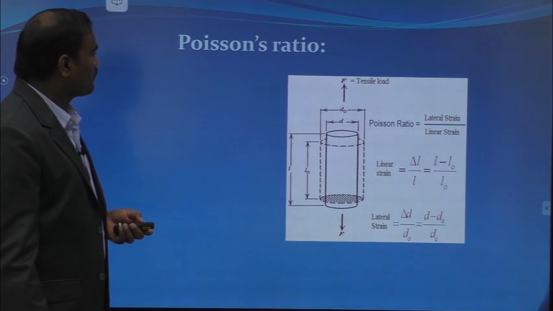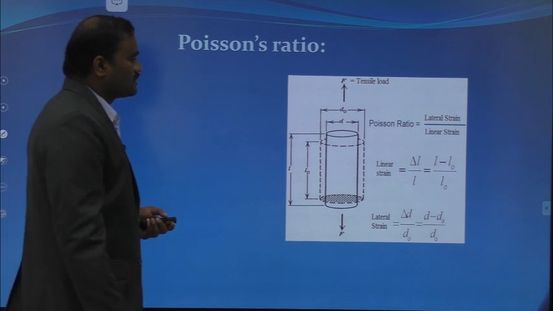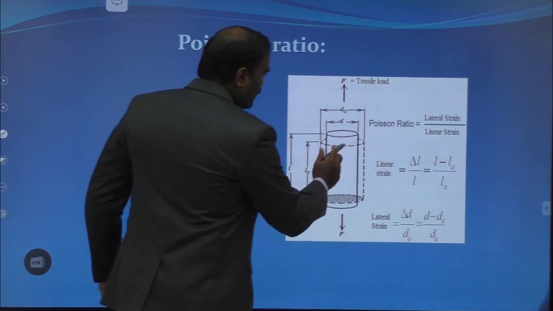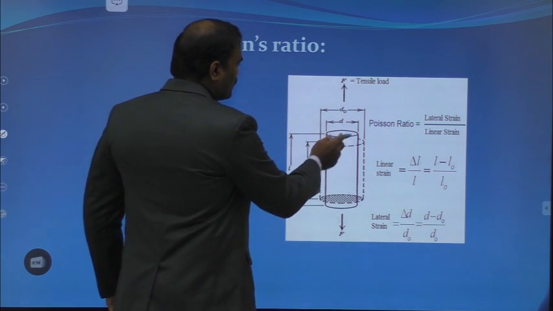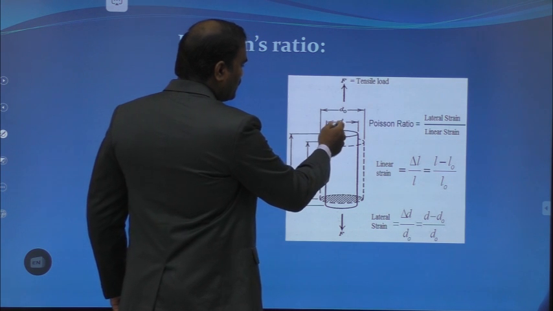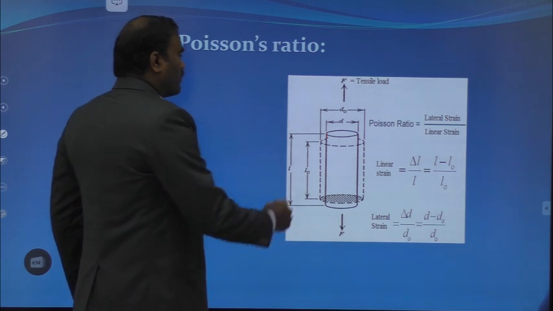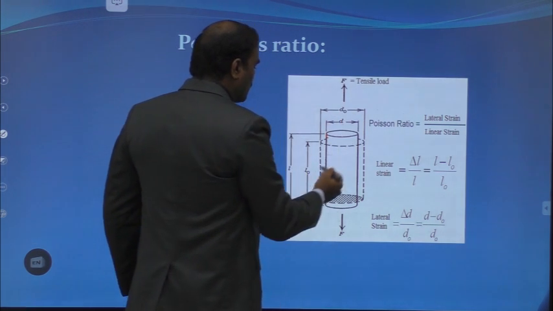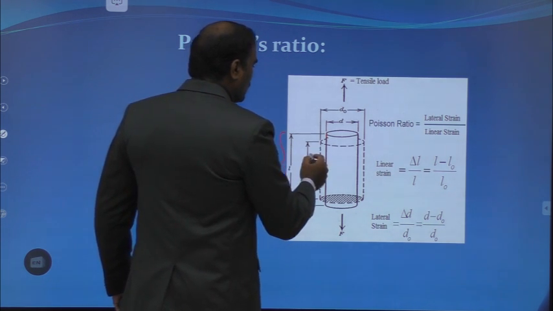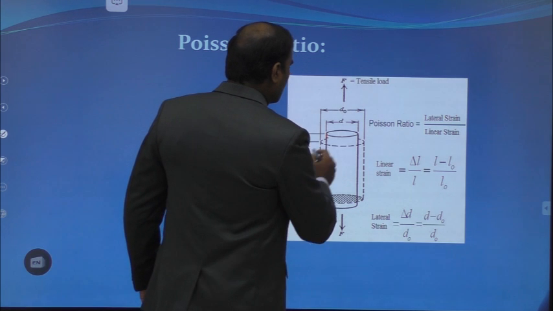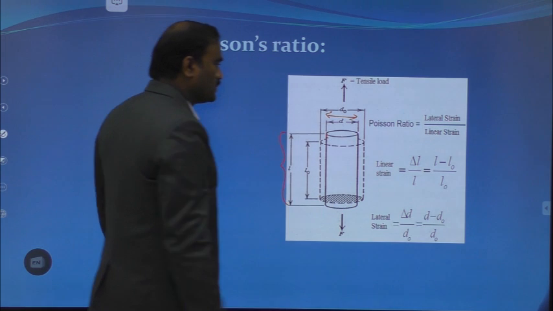Now let us see what Poisson's ratio is. If you see this diagram here, we have a wire of length L0 and cross sectional diameter D. If I apply a tensile force, there is a change in the length, that means the length increases whereas the diameter decreases.